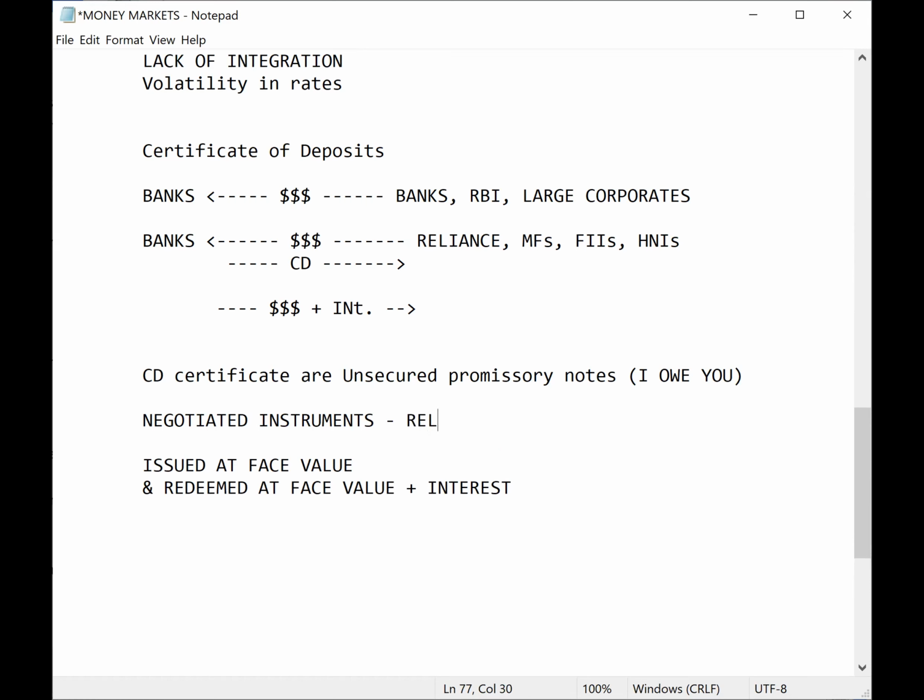So that means, let's say Reliance bought the certificate of deposits from HDFC Bank. Reliance could transfer them to, let's say, Dabur. So they can be sold in the market to the other party over the counter.